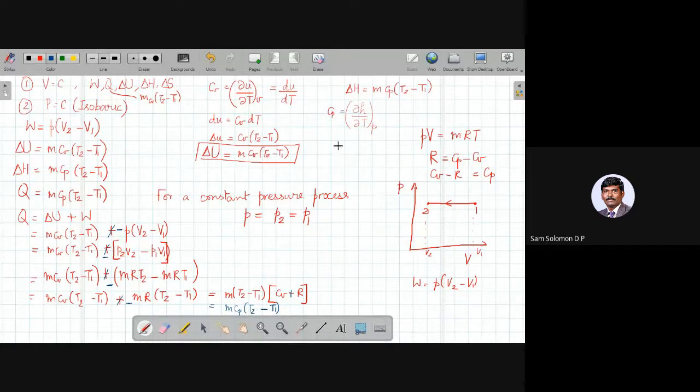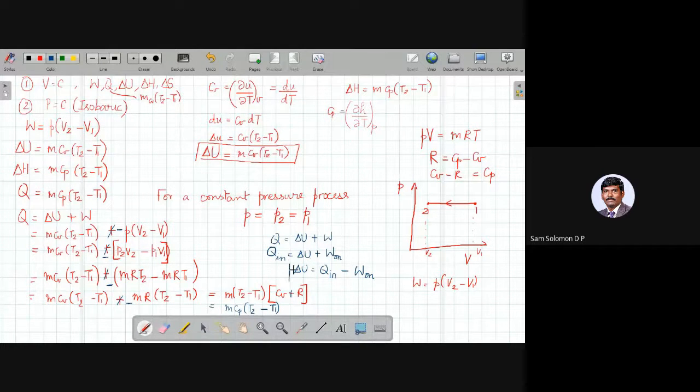Whenever we write the first law, we write it as Q is equal to delta U plus W. People also write it the other way around: delta U is equal to Q in minus W on.